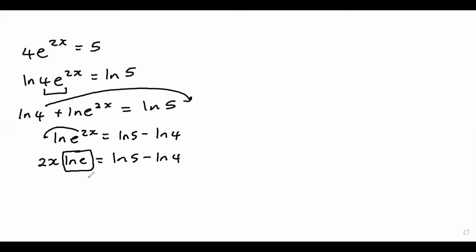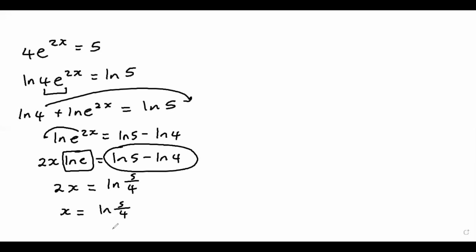So it'd be 2x times 1. So that's 2x being equal to ln 5 minus ln 4. We know from the law of logarithms, that's the same thing as saying ln 5 over 4. So that means x would be equal to ln 5 over 4 divided by 2. So x is equal to 0.112.